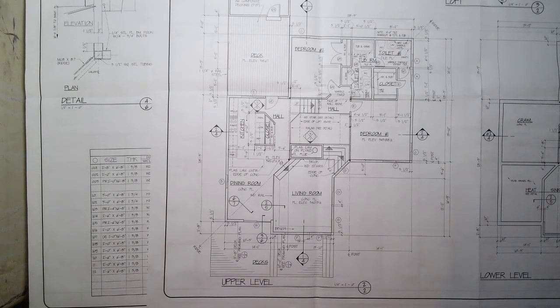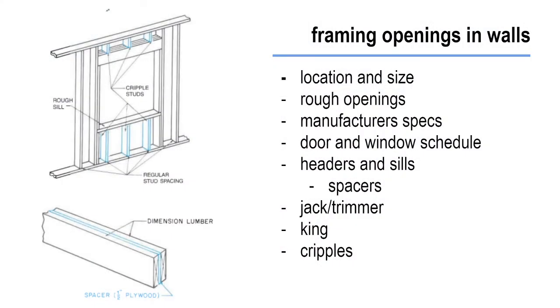And so that's just how you would find the different sizes for your openings, you'd frame them for the rough opening. And then you would be able to put your window inside of it. Anytime you have an opening, it's always going to have a header on top of it.